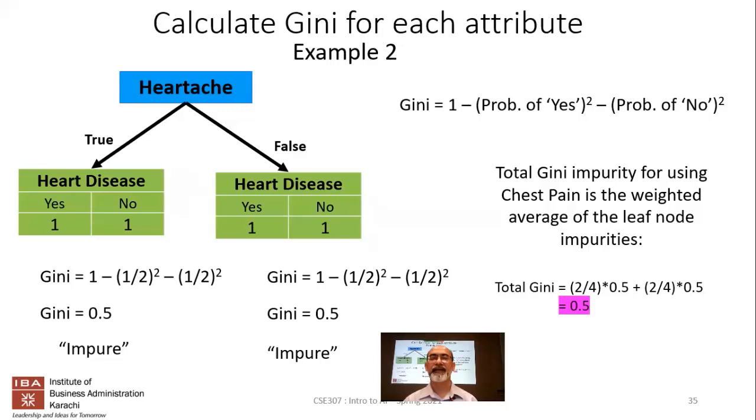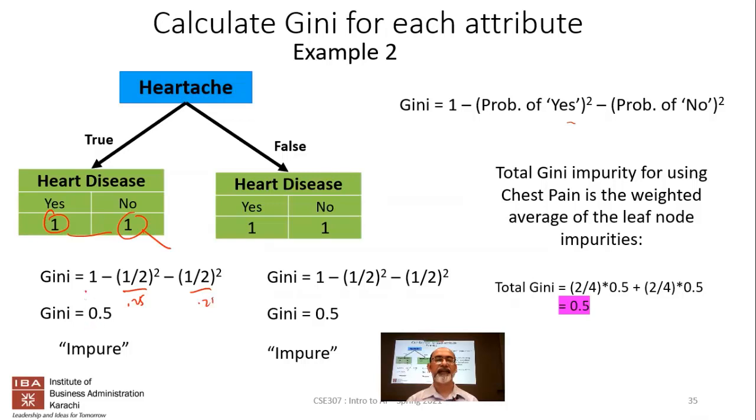Now let's look at the headache case. It's pretty bad. The impurity is going to be high because the probability of a yes is 1 upon 2, squared, that's 0.25. And the probability of a no, again, is a half, squared, that's 0.25.